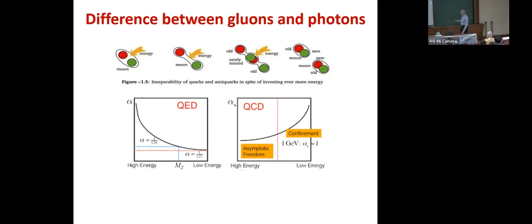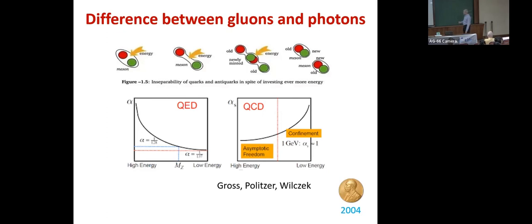At low energies, the value of alpha is quite large, of the order of 1. So that's when you cannot use perturbation theory and quarks get confined. At very large energies, quarks are asymptotically free, which means that the interaction between them decreases quite a bit. So that is one major difference.